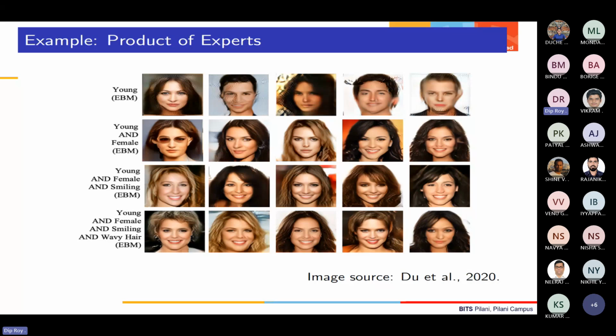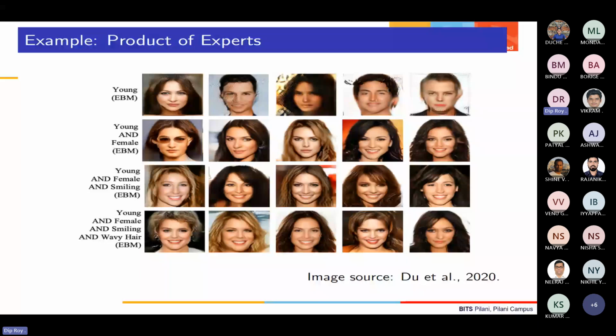If we are able to do certain kinds of tasks which do not essentially need the normalization constant, then we are in good space and we can use this type of model.